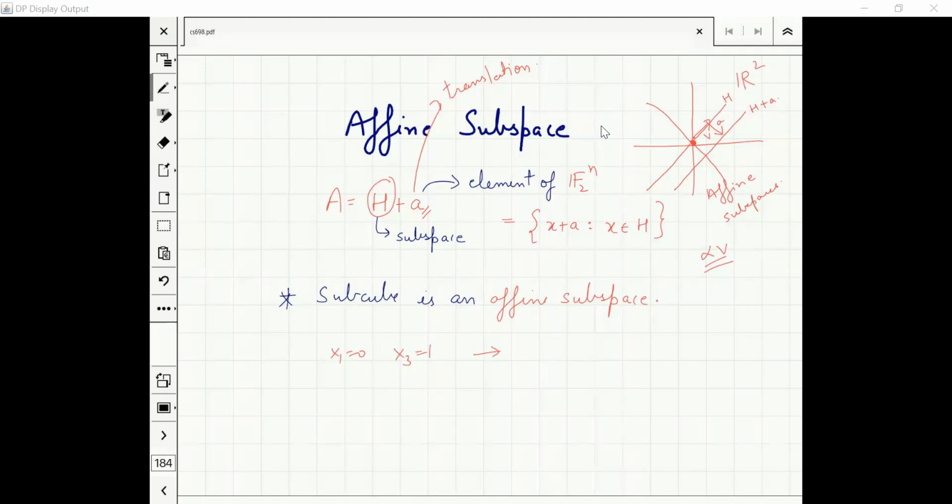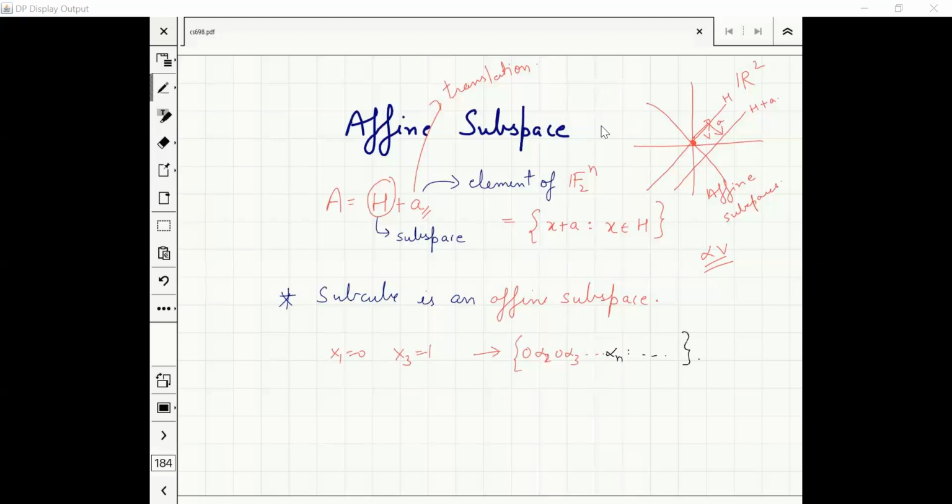No. See, if x1 equal to 0 was the subspace, then the size of the subspace would be 2 to the power n. But the affine subspace has size 2 to the power n minus 2, right? Sorry, x1 and x3 both are set to 0. Exactly. So the subspace is all the vectors of this form.